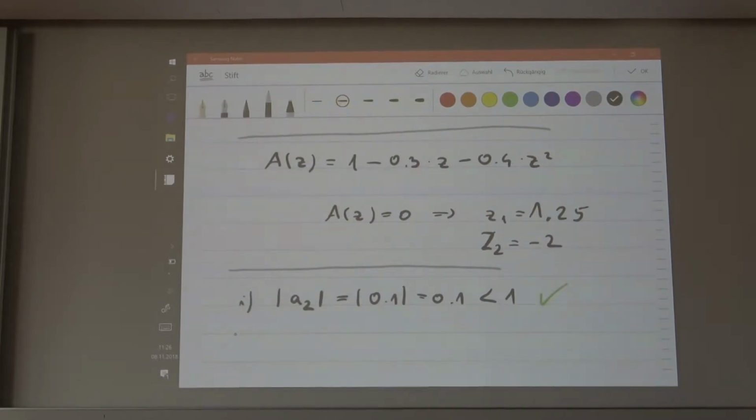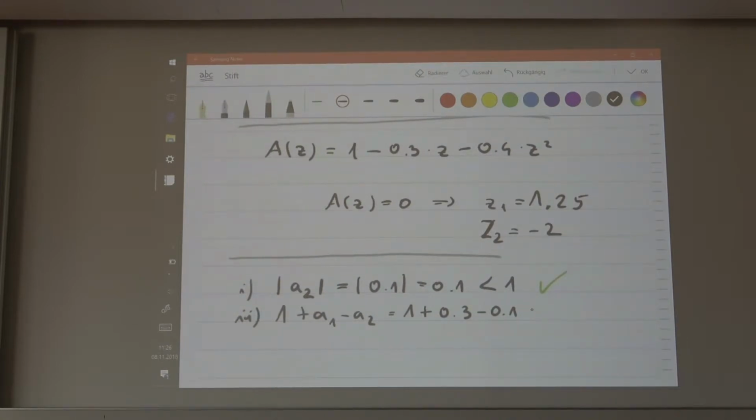The second condition is that 1 plus A1 minus A2 is greater than 0. This is also true because you have 1 plus 0.3 minus 0.1, which is equal to 1.1, greater than 0. The third condition is that 1 minus A1 minus A2 is also greater than 0.